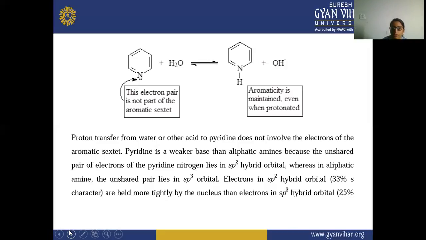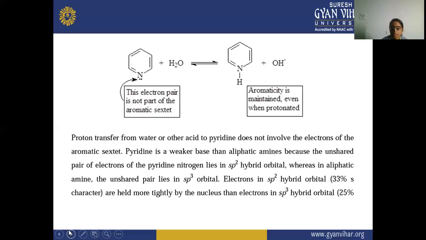The proton transfer from water or another acid to pyridine does not involve the electrons of the aromatic sextet. Pyridine is a weaker base than aliphatic amines because the unshared pair of electrons of the pyridine nitrogen lies in an sp2 hybrid orbital, whereas in aliphatic amines the unshared pair lies in an sp3 orbital.